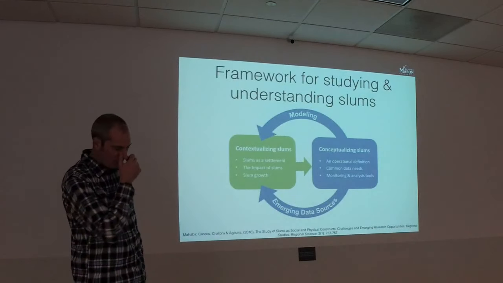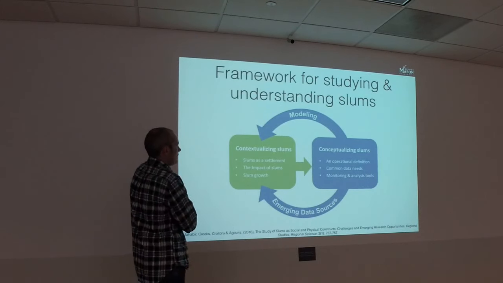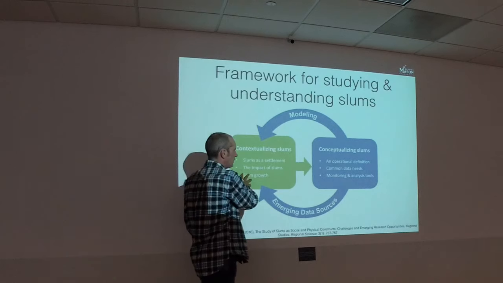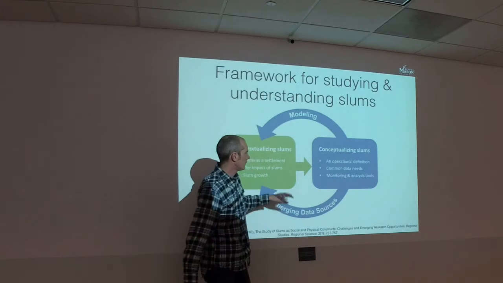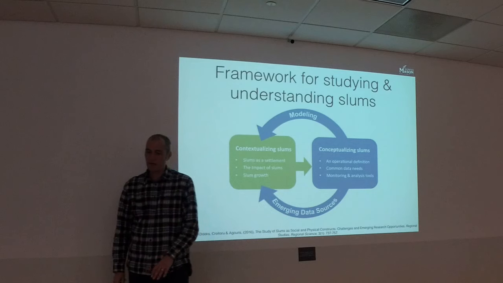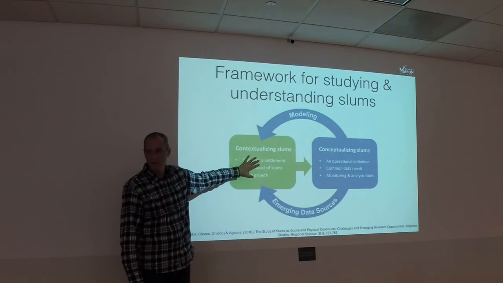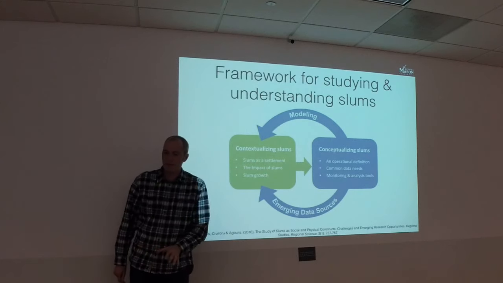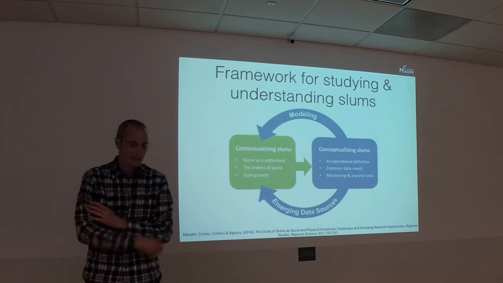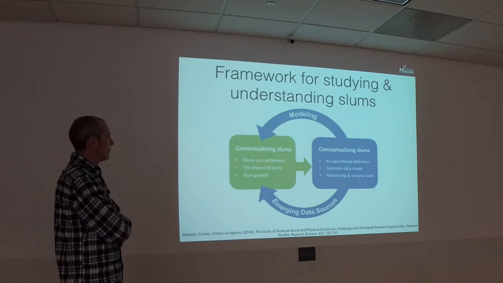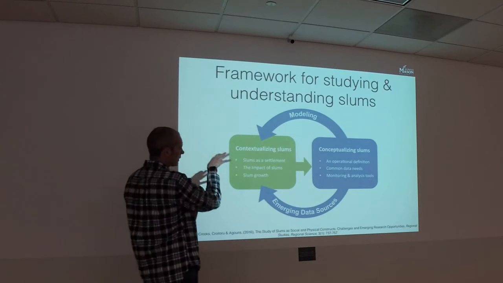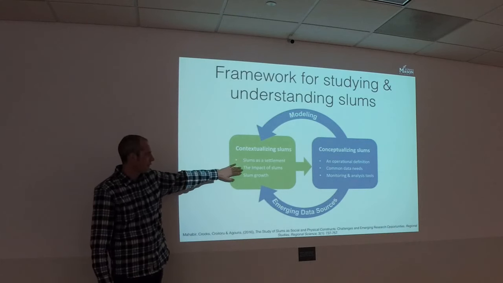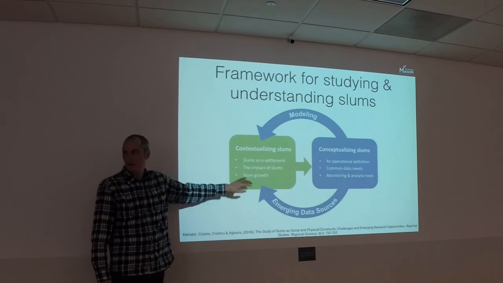So what we've been working on the last few years is this type of notion: to be able to contextualize slums and conceptualize slums, and how we can use data to help better inform this, and also modeling. So in the remainder of this talk, what I want to get at is linking both data and modeling to better understand slums, how slums are growing, and the impact of slums.